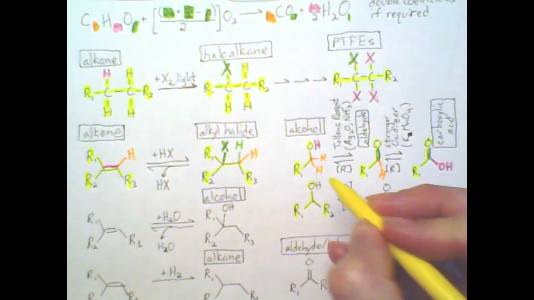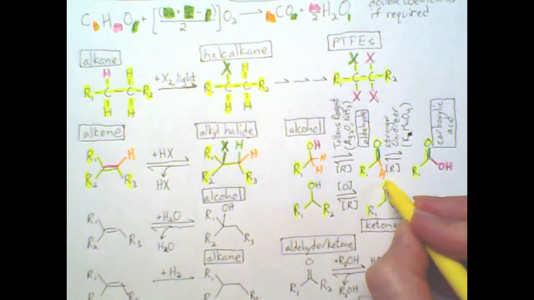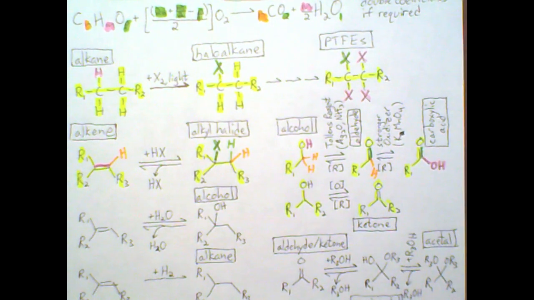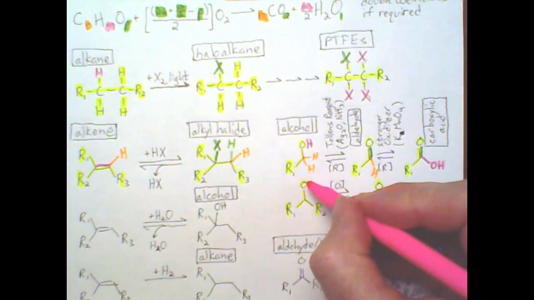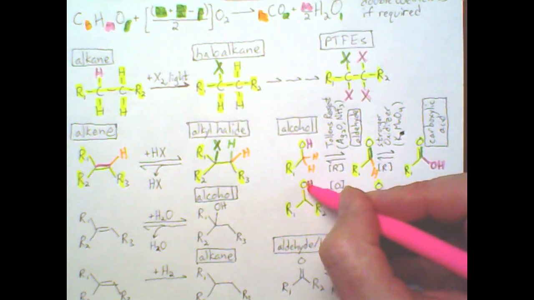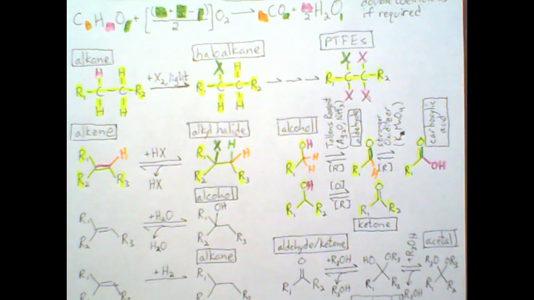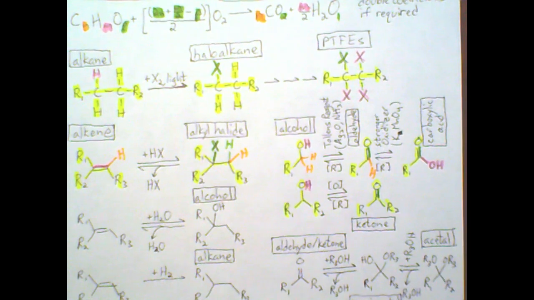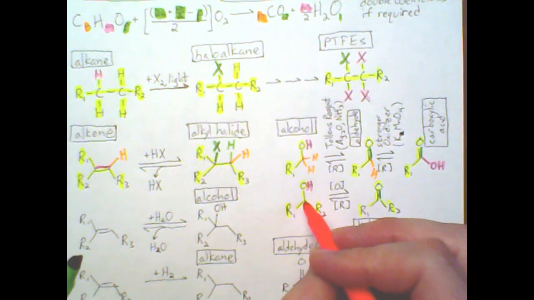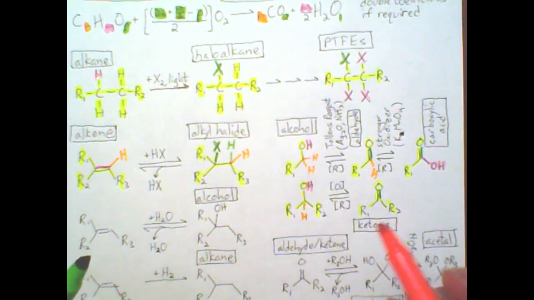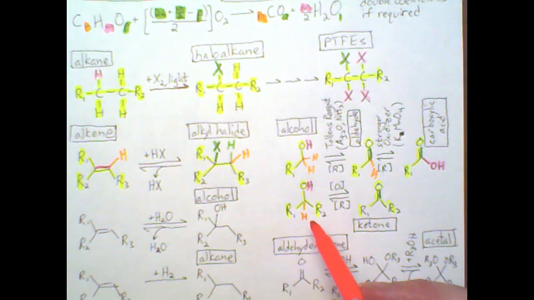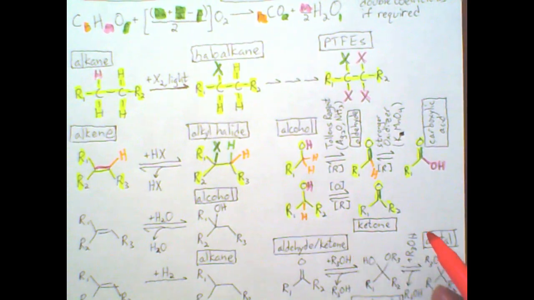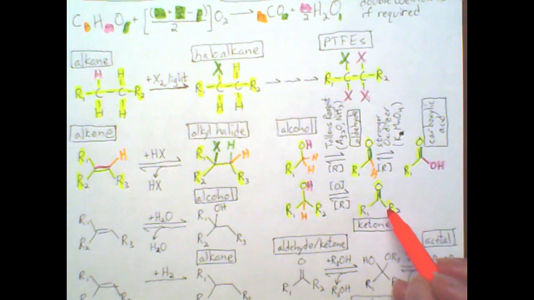One bond and the O are the same. The H disappears, and a double bond forms there. But that's not all that happens. There's one implicit hydrogen here, and it goes away, so we've lost H2.